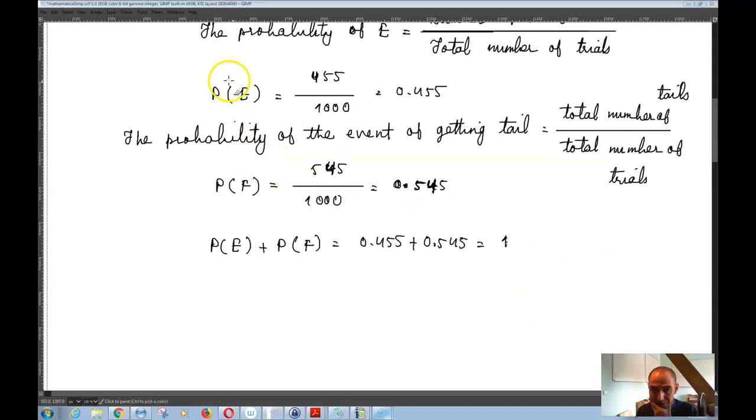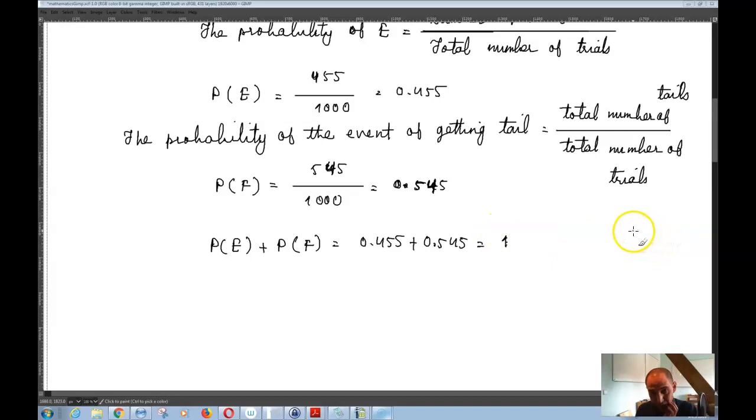So you can see that the probability of getting heads plus the probability of getting tails is equal to 1. Note that in this experiment of tossing this coin, there are only two possible events, either tails happening or heads happening. Once you calculate the probability of each of them and add those two together, they add up to 1.